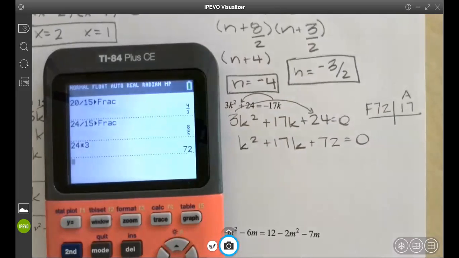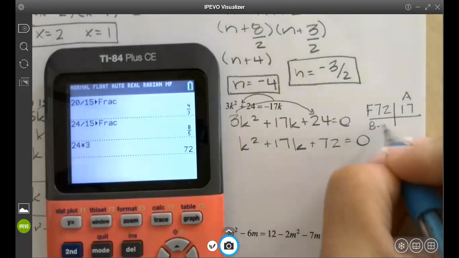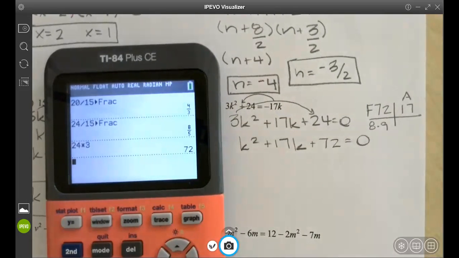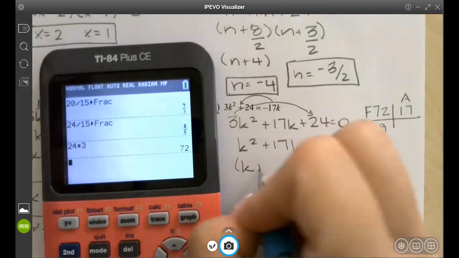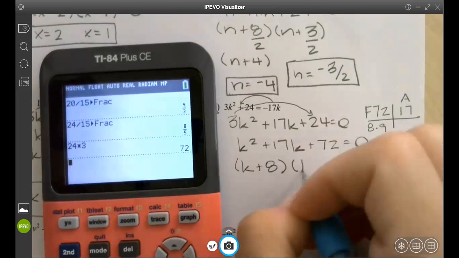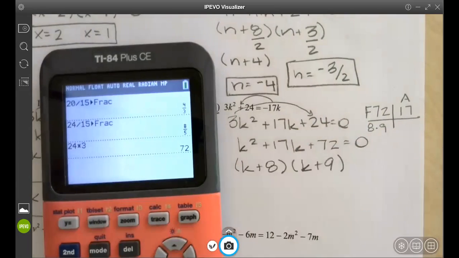I need factors of 72 that add to 17. I already know these. I'm going to go ahead and tell you that they are 8 and 9. Again, if you have to use your calculator, use it. But I don't promise when you get to Desmos, you're probably going to stop using your calculator altogether. Is everybody good? So our letter is k and a positive 8, k and a positive 9, but I need to remember to divide.